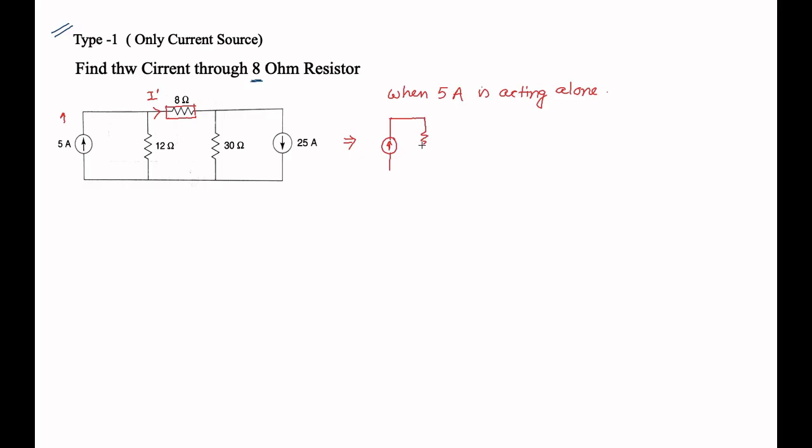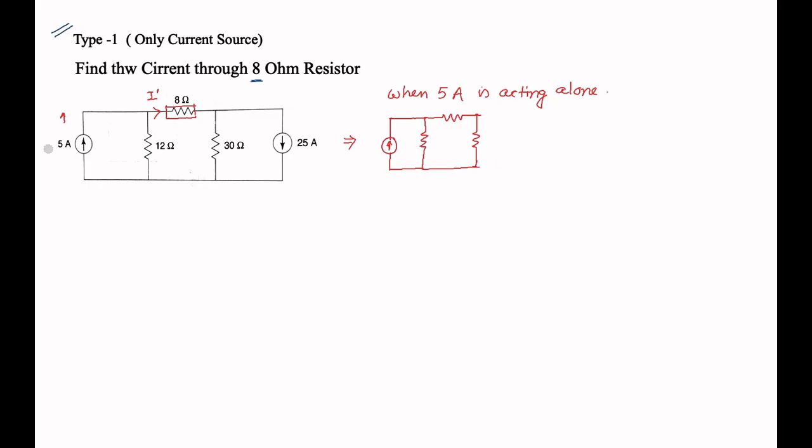Then take 12 ohm as it is, then here it is 8 ohm, and we have to find the current through the 8 ohm. This is 30 ohm, and we have to make the other source open because it is a current source, and we consider the internal resistance of a current source to be infinite, so we make it open. We are not considering this part because it is an open circuit, so we can omit it.